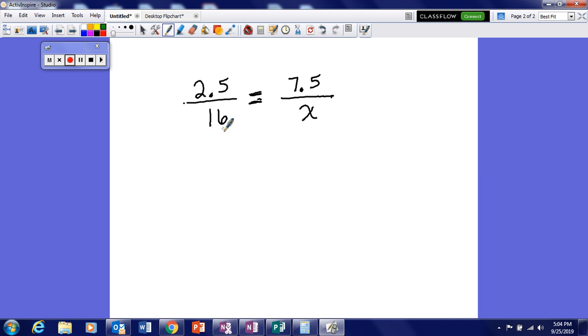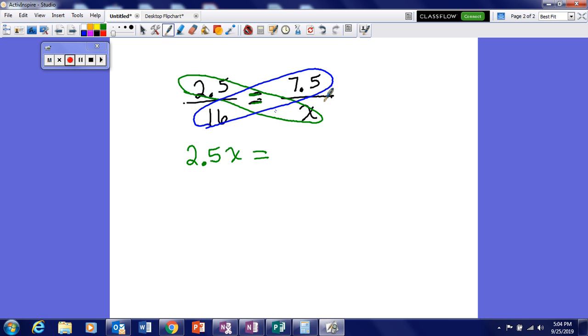So again, I know I can butterfly because my equal sign tells me these two fractions are equal. So one side of my equation is going to say 2.5x. I don't have an answer for it yet. The other side is going to be the answer to 16 times 7.5.